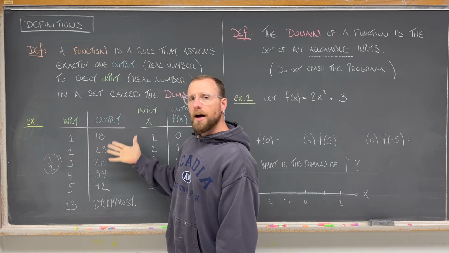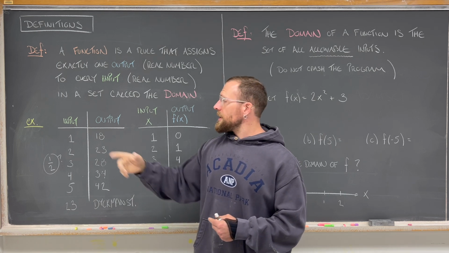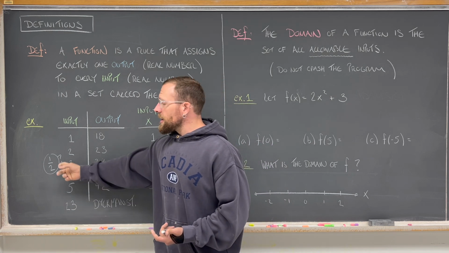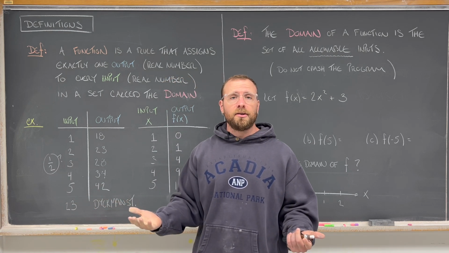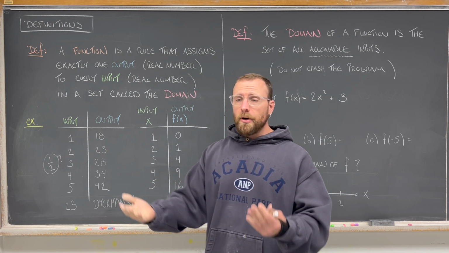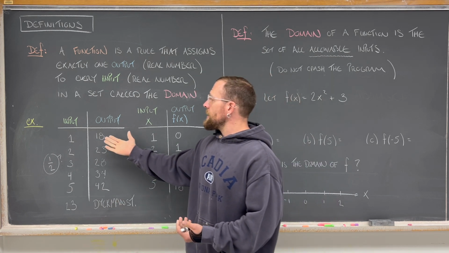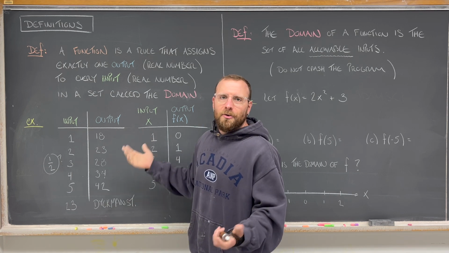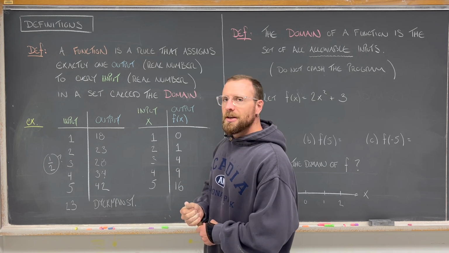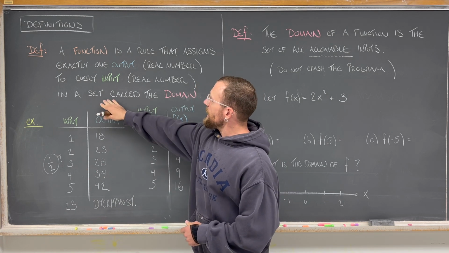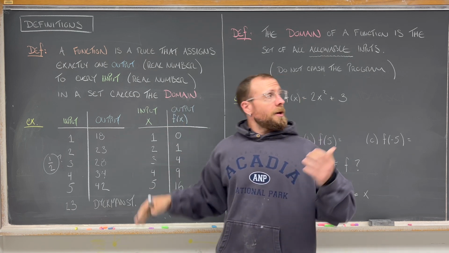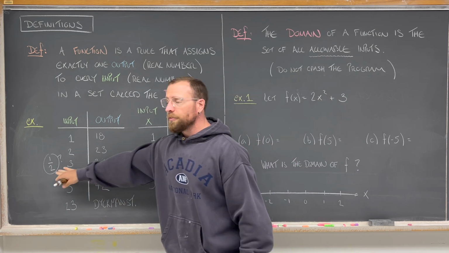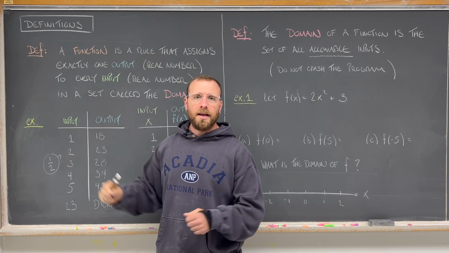The rule that I was following, riding the 1 train for this many stops north of 14th Street, doesn't make any sense when you plug a number like 0.5 into the function. That would cause this program to crash. Okay, not only do I not know what output should come out, but there's no way of knowing. Okay, so that's not acceptable input, and so that is not in the domain. The domain of a function is the set of all allowable inputs. You're not allowed to input 1/2 into this function. Can't accept it as input.